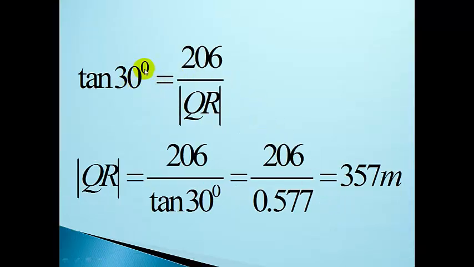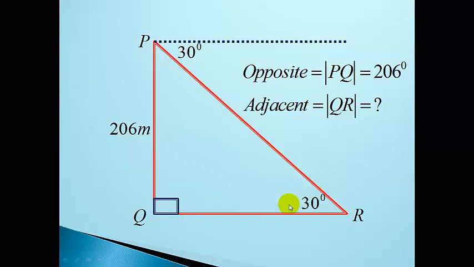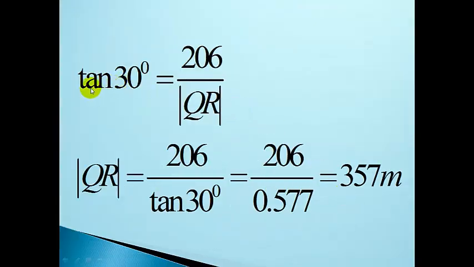So tan 30 degrees is equal to 206 divided by QR. That is tan 30 degrees is equal to opposite, that is 206, divided by the adjacent, that is QR. Now we are solving for QR, so we have to make QR the subject.